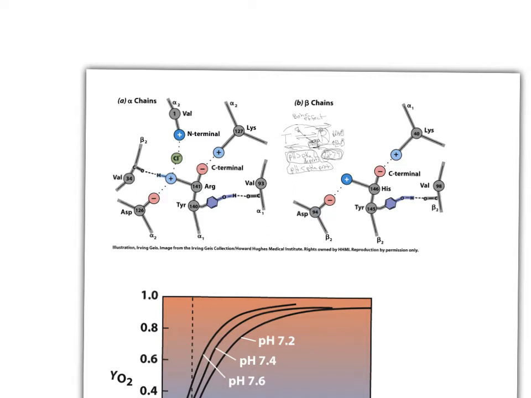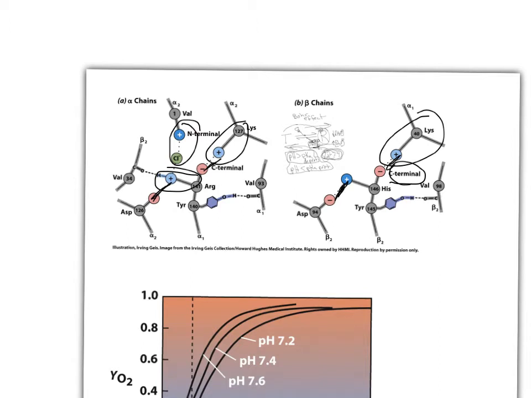Okay, and so there's this lysine that makes a salt bridge with this C-terminal end, and over here we have the N-terminal end, and we have another lysine and an arginine that are making some key interactions.